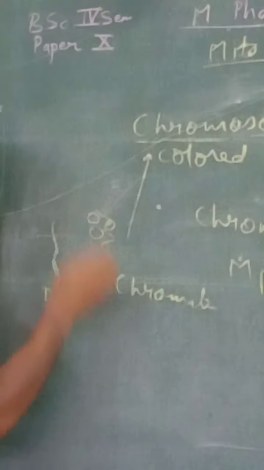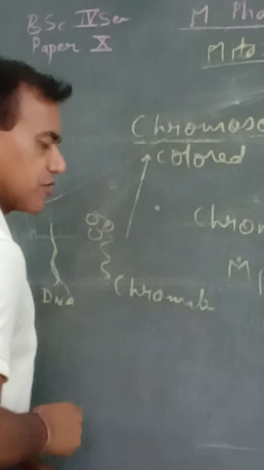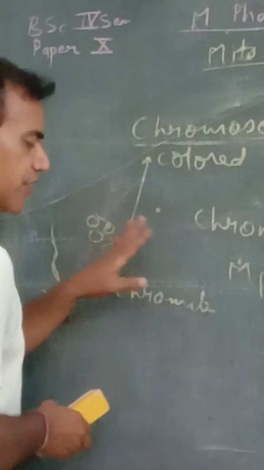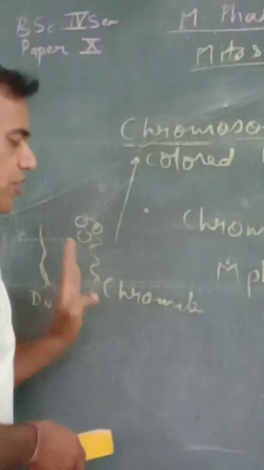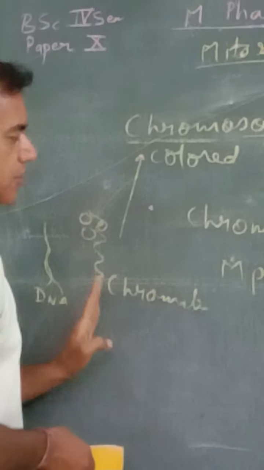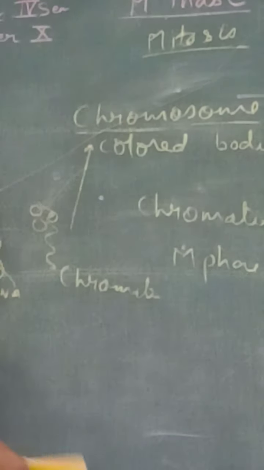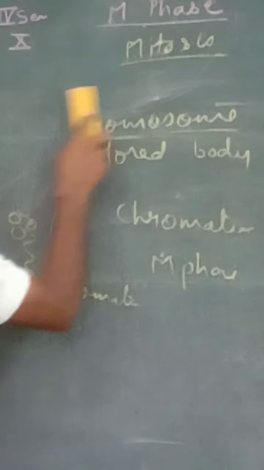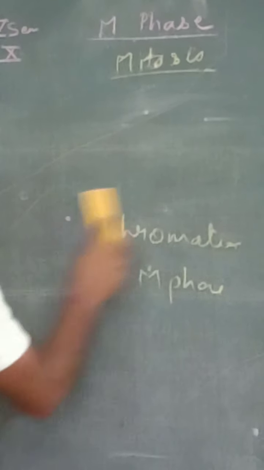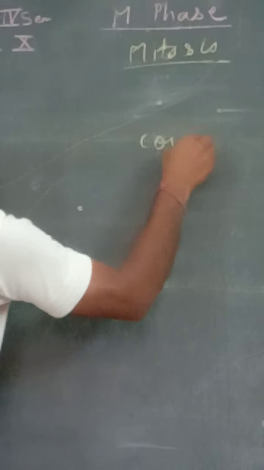So, chromosome is a condensed genetic material which is present in the M phase, and chromatin is the relaxed stage of genetic material that is present in the interphase. M phase starts with the condensation of chromosomes. The first thing is the condensation of chromosomes.